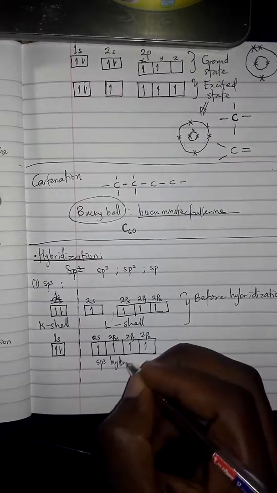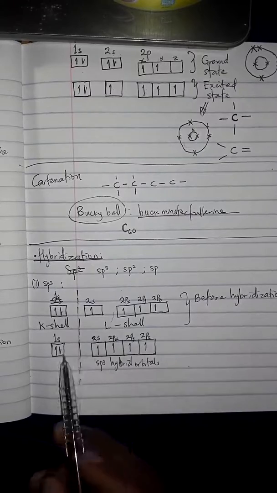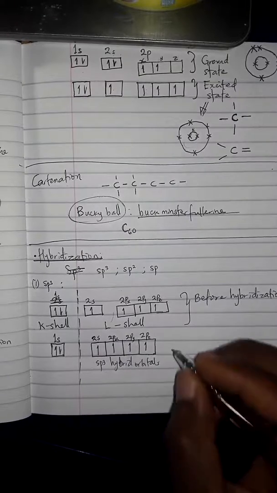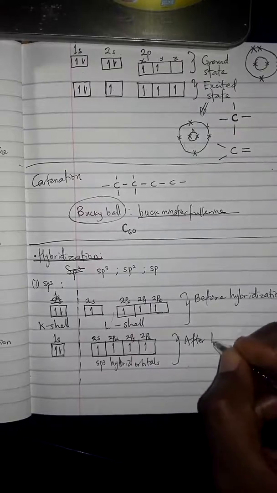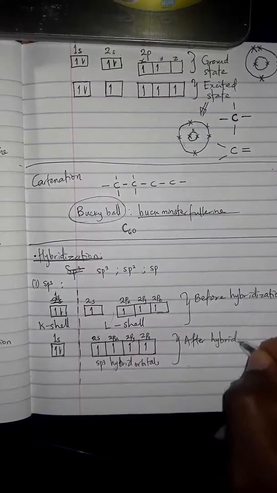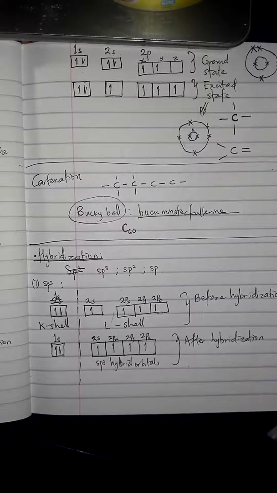These are the hybrid orbitals, so they are blended or mixed. This is what obtains after hybridization.